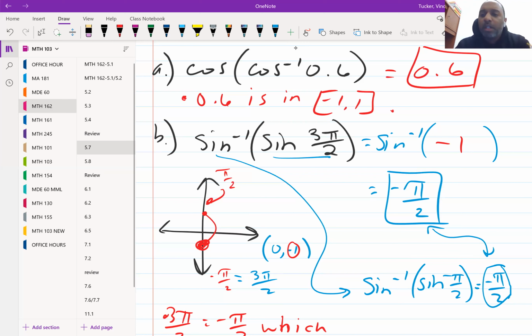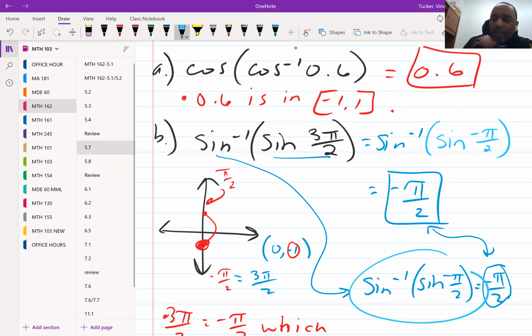All right. Let me write this better. So that means that 3 pi over 2 actually fits in our domain.